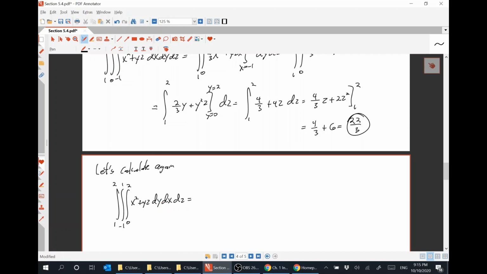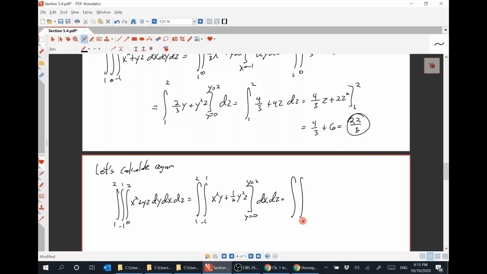So antiderivative with respect to y, we've got x squared y plus 1/2 y squared z from y equals 0 to y equals 2, dx dz.